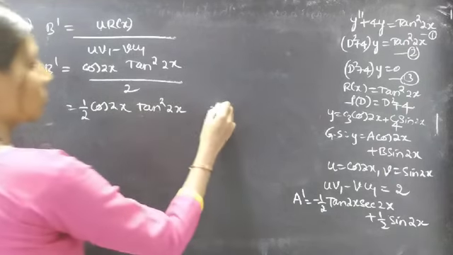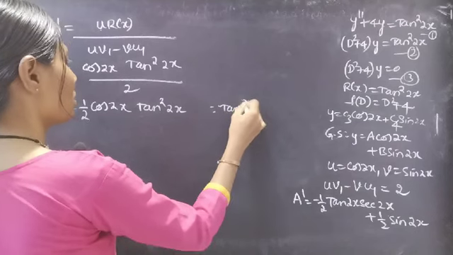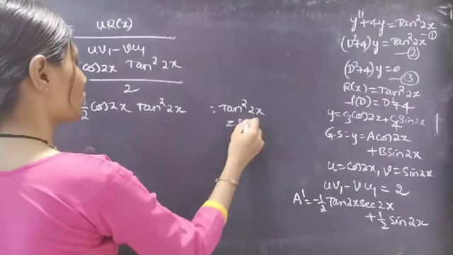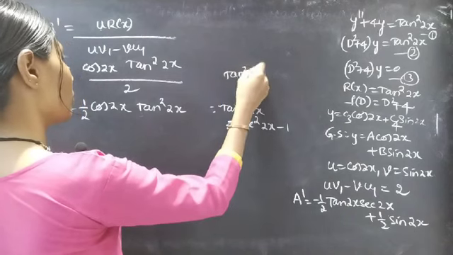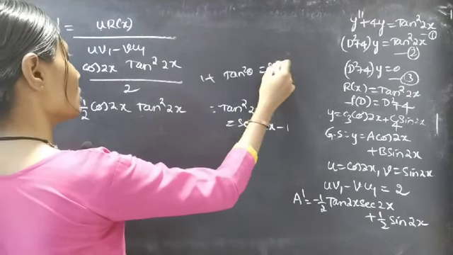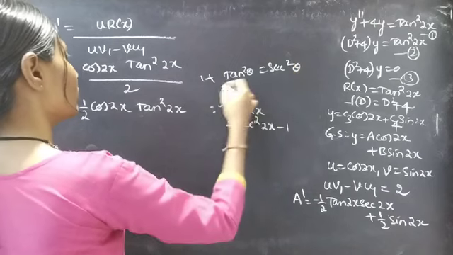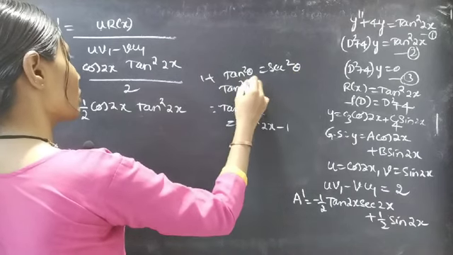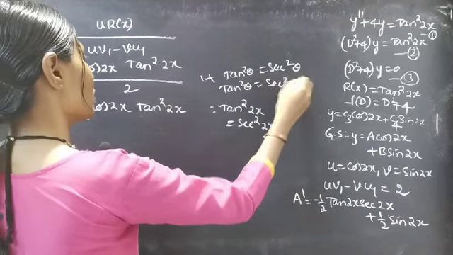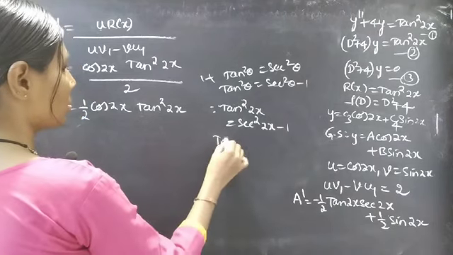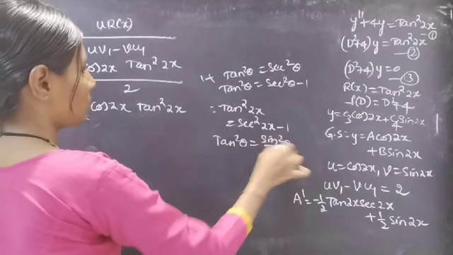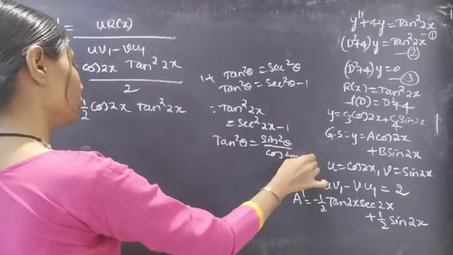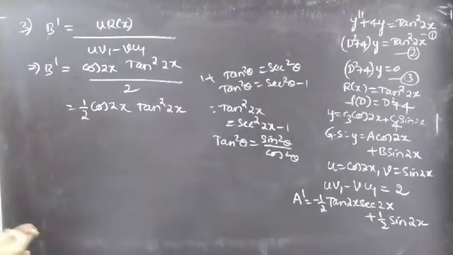Let's replace tan square 2x with secant square 2x minus 1, since 1 plus tan square theta equals secant square theta. Then tan square theta equals secant square theta minus 1, or we can replace tan square theta with sin square theta by cos square theta. Okay, so I think this will be much easier.